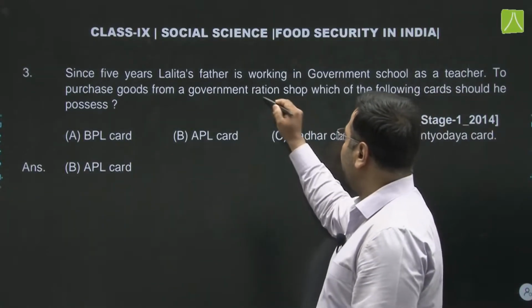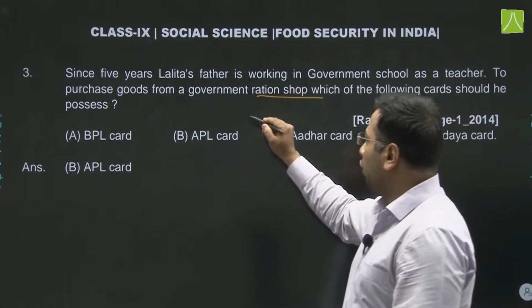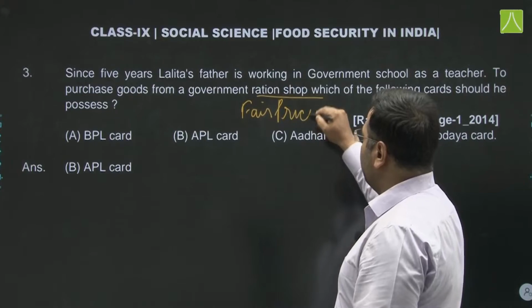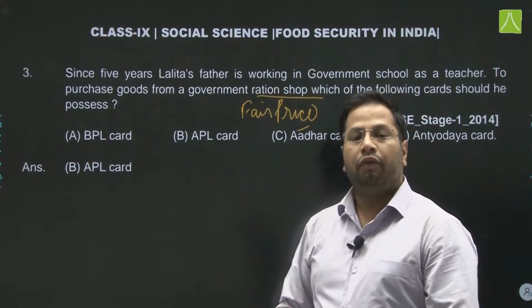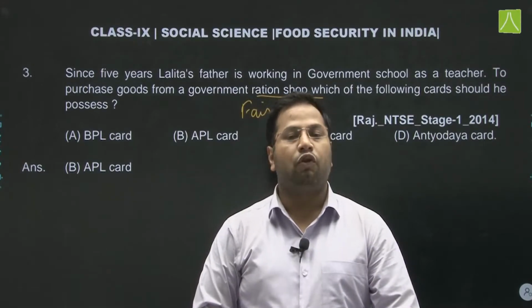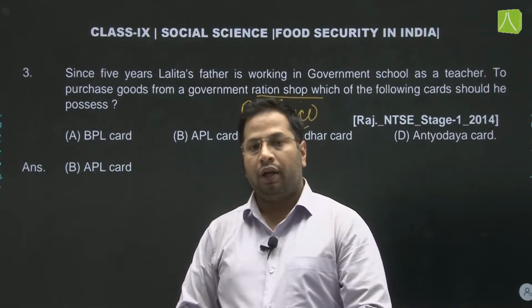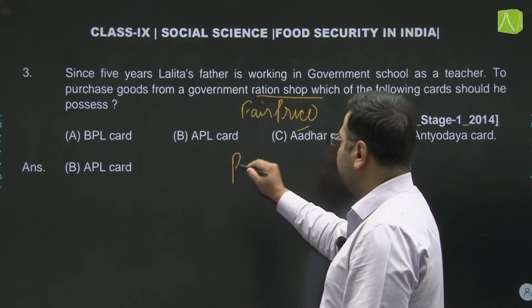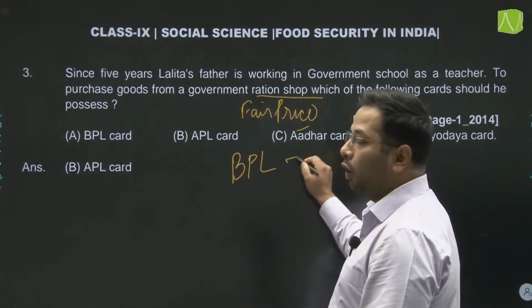So first of all, the ration shop, also called a fair price shop, is a shop which sells the food items, the necessary food items, to poor people. Now for ration shops also we have 3 categories. One is BPL, that is below poverty line.